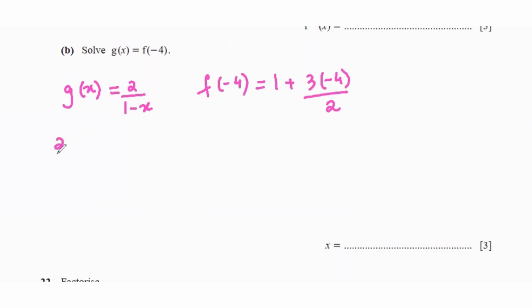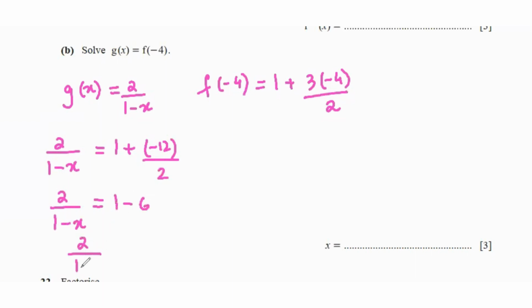So that's going to be 2 over 1 minus x equal to 1 plus negative 12 over 2, which is going to be 1 minus 6. And that's going to equal negative 5.